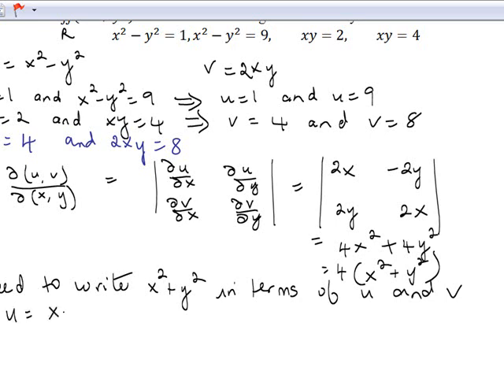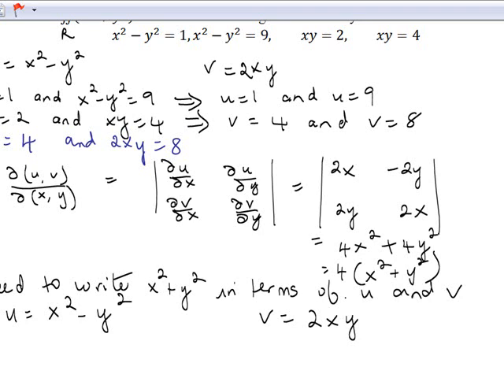U equals x squared minus y squared. V equals 2xy. And now you will see why I put the 2. That's the only way we could write x squared plus y squared in terms of u and v using the transformations. Now this is a difficult question, but let me see if anybody has any clue as to what I can do.